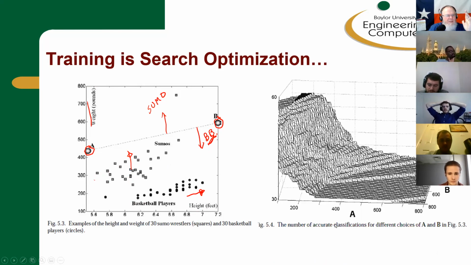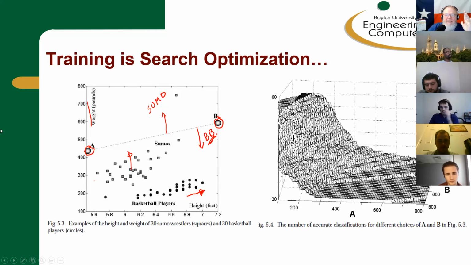This is called an exhaustive search, where we have looked at every value of A and B, and the number of accurate classifications for different choices of A and B. Does that make sense? We chose a value of A and B, counted how many sumo wrestlers were above the line and how many basketball players were below the line, and this is the result that we get.